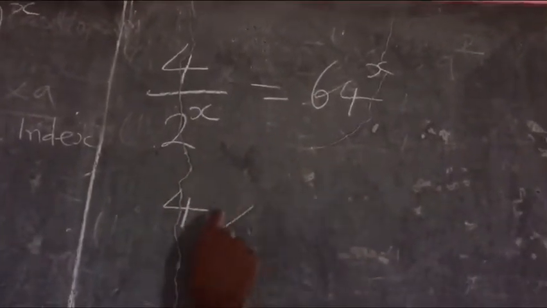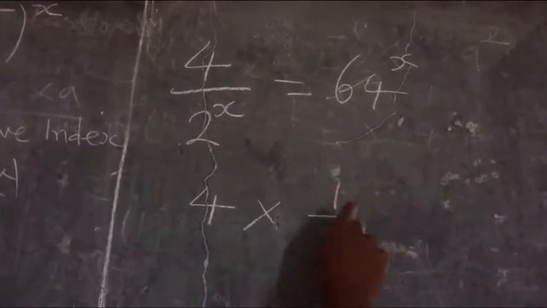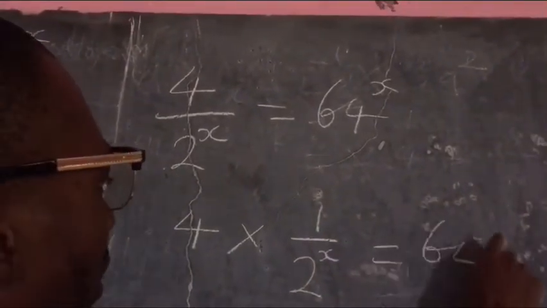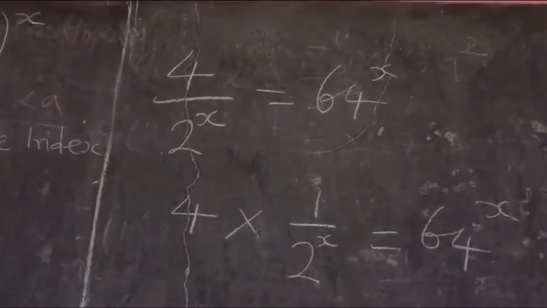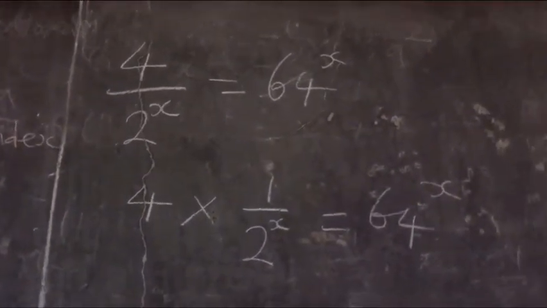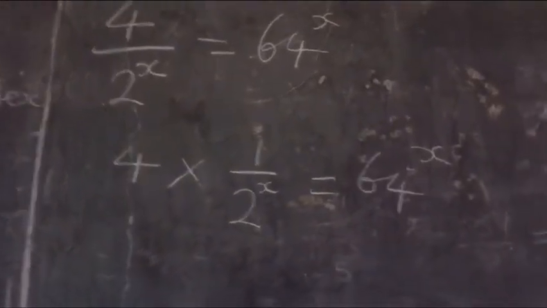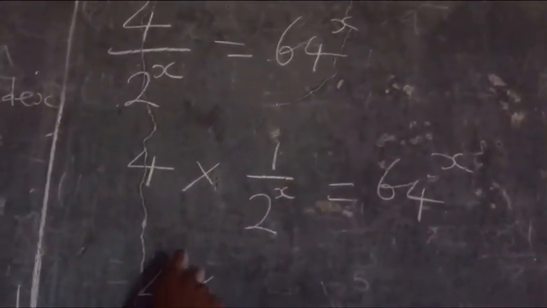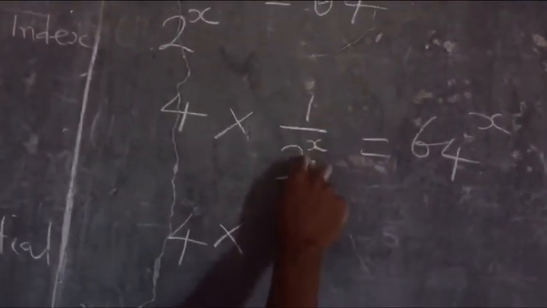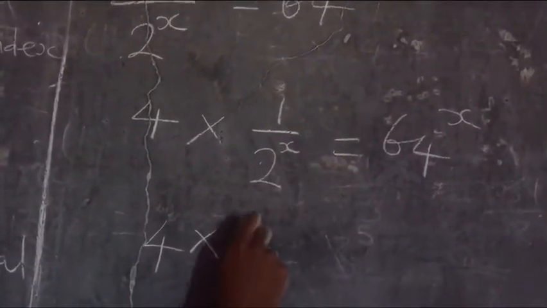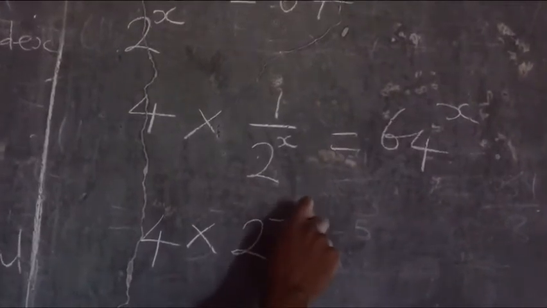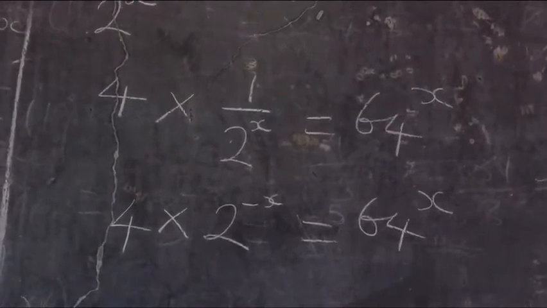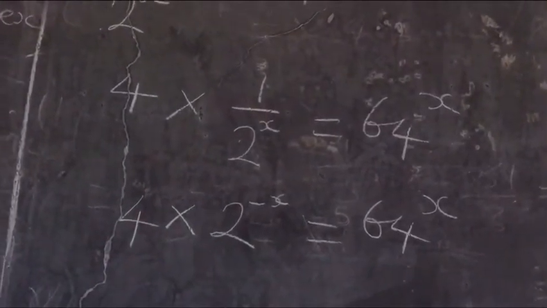I have 4 times 1 over 2 raised to power x equal to 64 raised to power x. From here now, I can have 4 times, this one shows me a negative index, so minus x like this equal to 2 raised to power x like this.